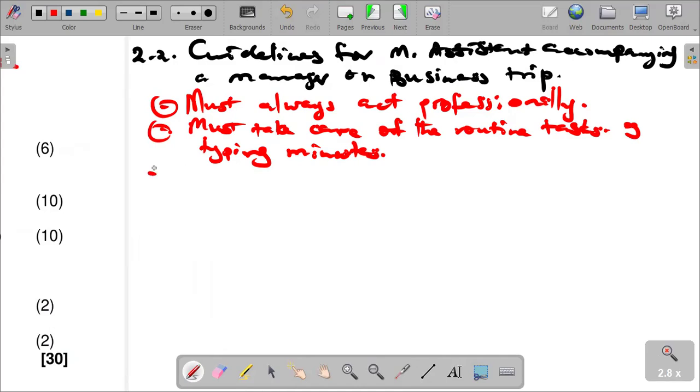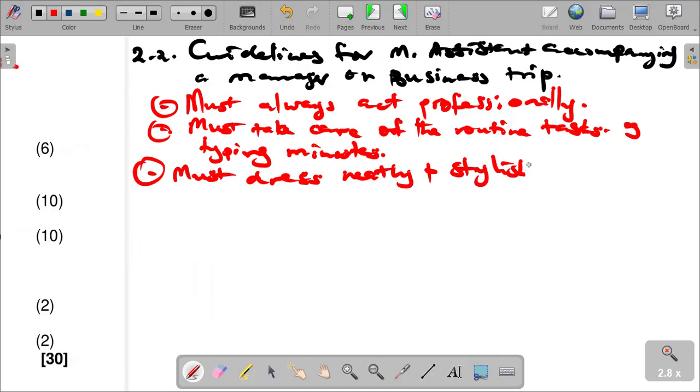Number 3, the management assistant must also dress neatly and stylishly throughout the meeting or the trip.